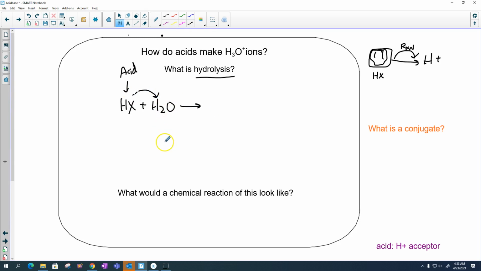So sometimes an acid is referred to as an H+ donor. Just so you're aware, and we'll see more of this later. A base is called an H+ acceptor.